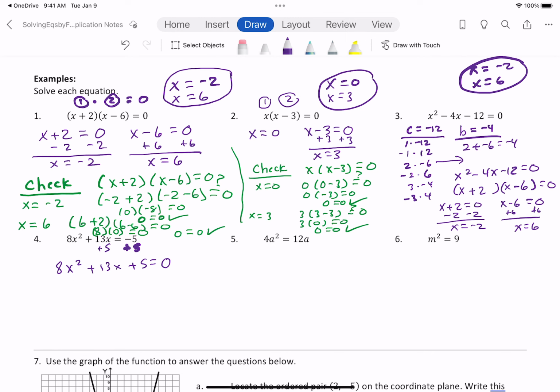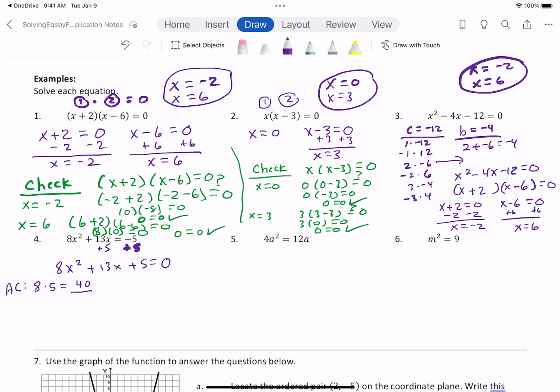Now this one is a trinomial where a is not equal to 1. So that means that we're going to look at using the AC method. And here a is 8 and c is 5. So 5 times 8 is 40.